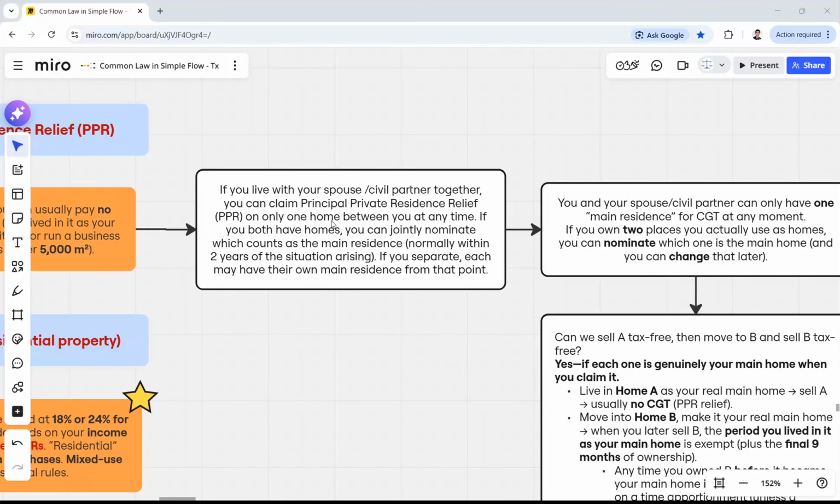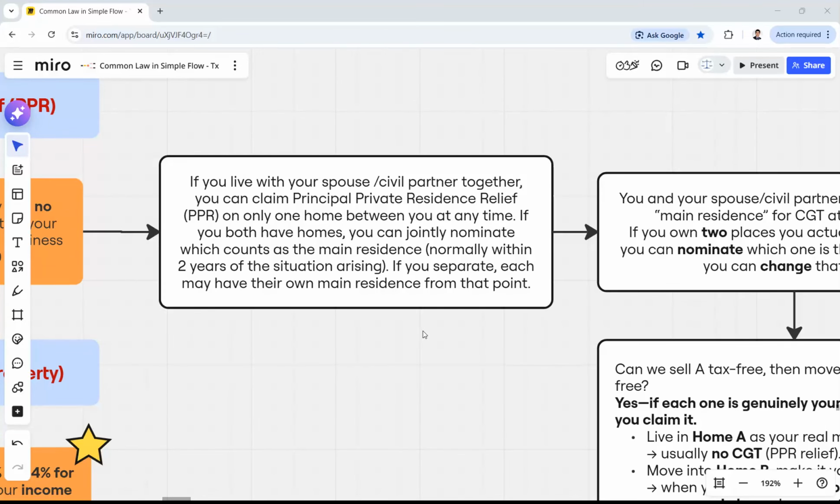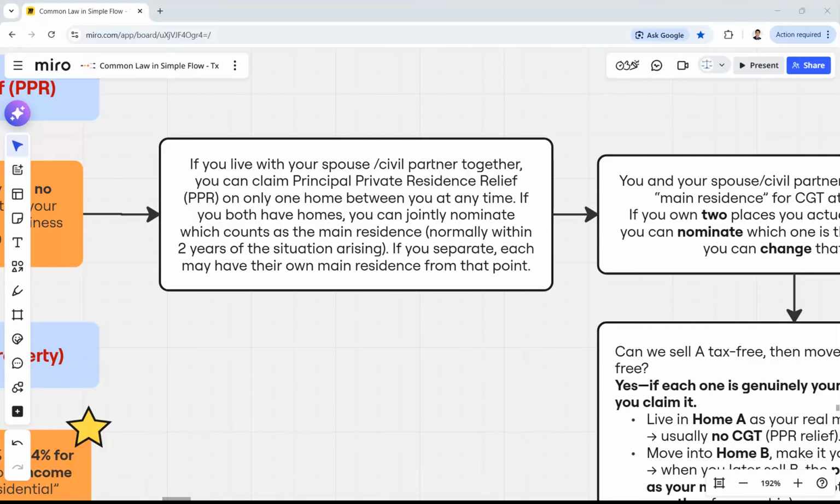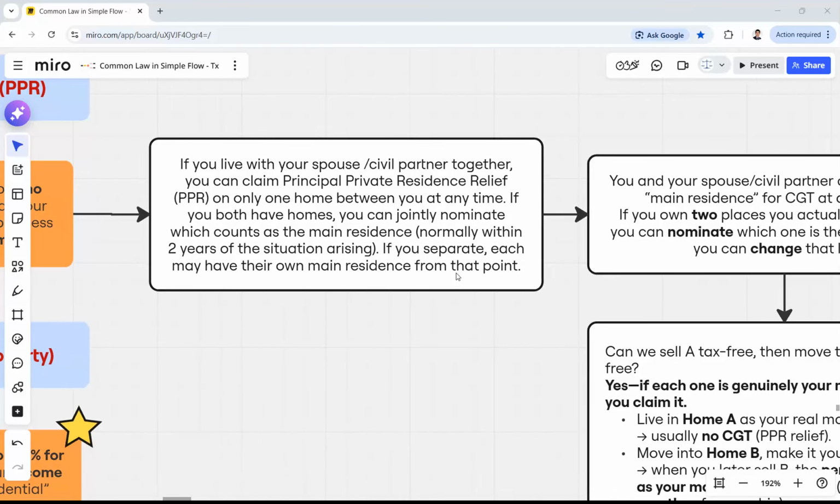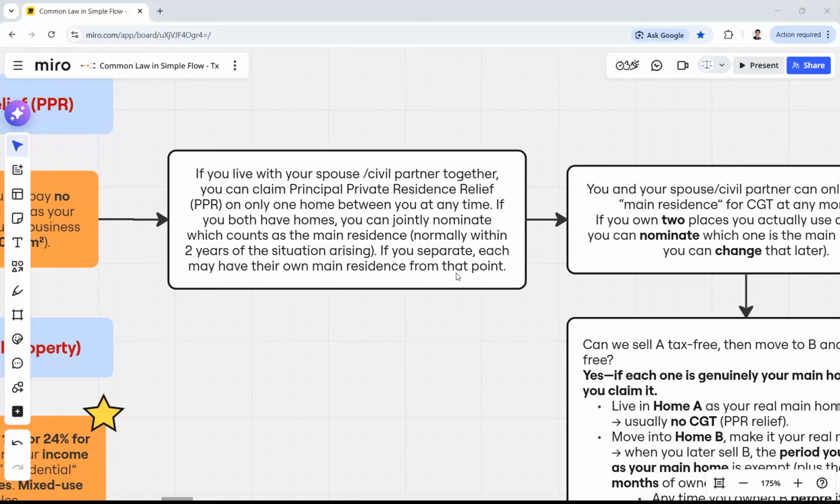If you live with your spouse or civil partner together, you can claim principal private residence relief, PPR, on only one home between you at any time. If you both have homes, you can jointly nominate which counts as the main residence, normally within 2 years of the situation arising. If you separate, each may have their own main residence from that point.